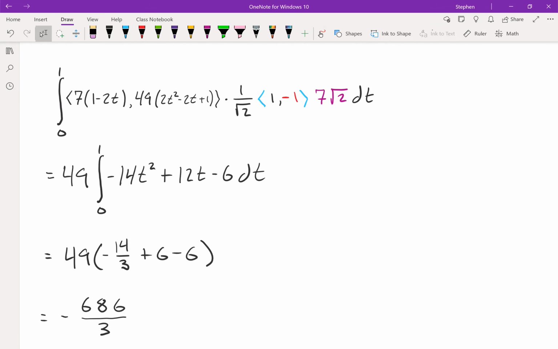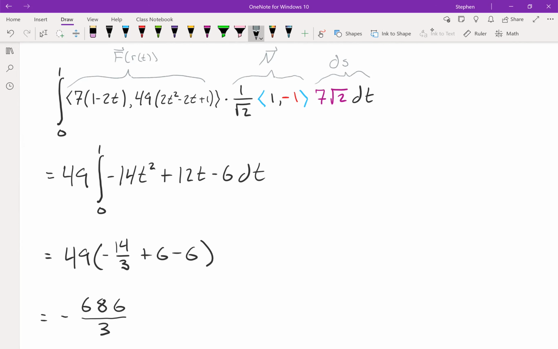I'm after F dot dr, or F of r is the first part that I want in, because I'm then going to take the dot product of that with the unit normal vector. And then I'm going to multiply that whole thing by ds, which in our case, ds is 7 square root 2 times dt.